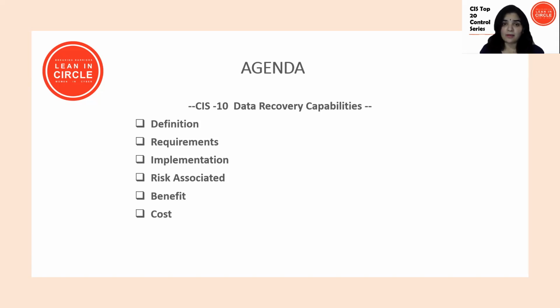When you take the backup, why is it important to test that backup? The third point is why this control talks about keeping an offline storage of the backup, and how the cost is going to affect, and what kind of software services and vendors are available for managing the backup and recovery capabilities for your organization.